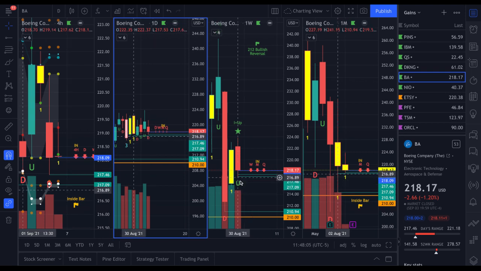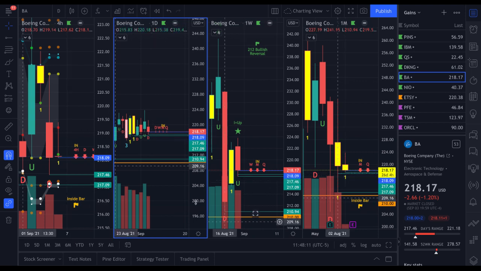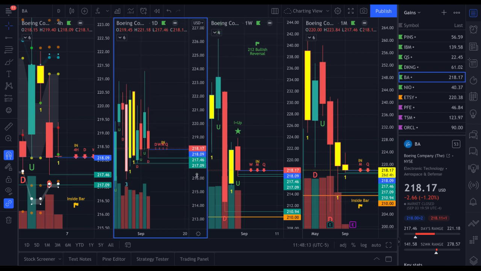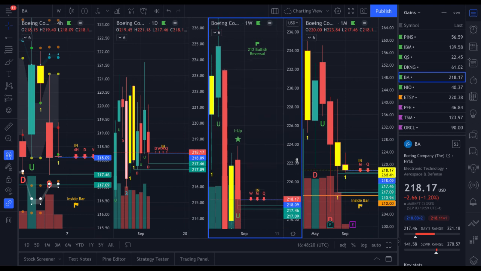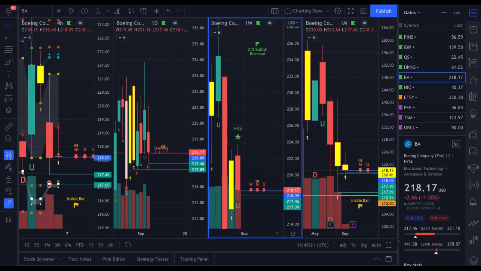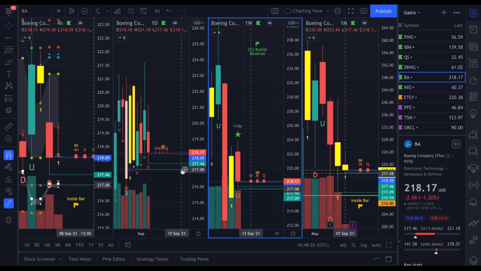So at the low of this 2 up around 217.13. Let me see where this really is. Yeah, that looks to be 217.09.